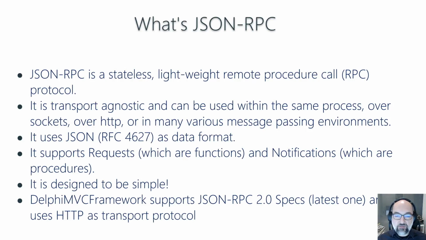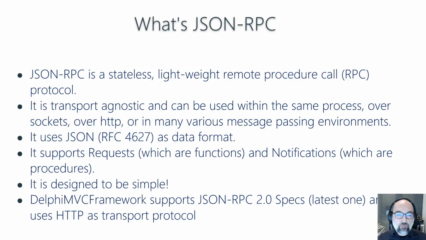You can write a message on a piece of paper and pass it to a colleague, and they can reply on paper using JSON-RPC. It's completely transport agnostic. You can use plain sockets, WebSocket, paper, or, in the case of the DMVC framework, HTTP.